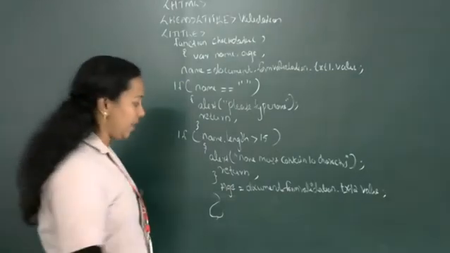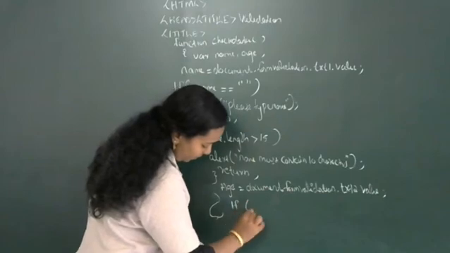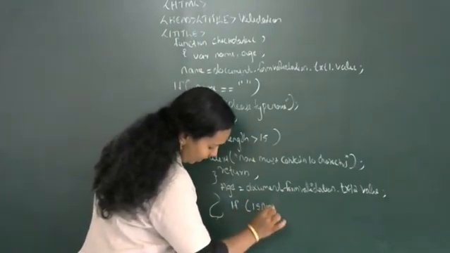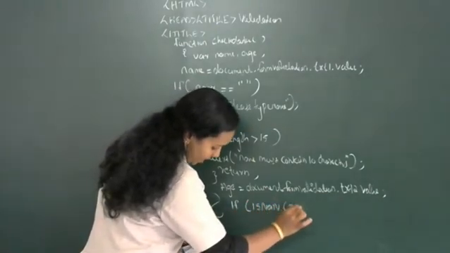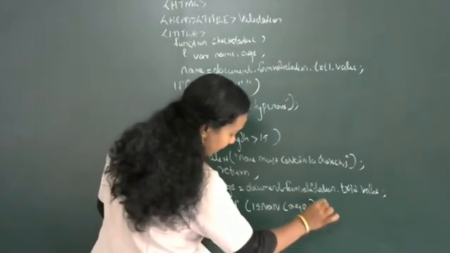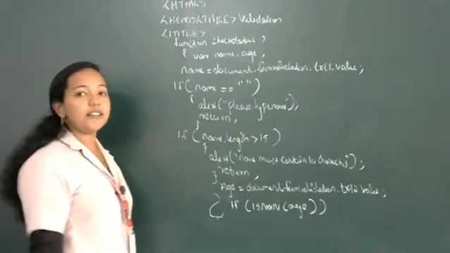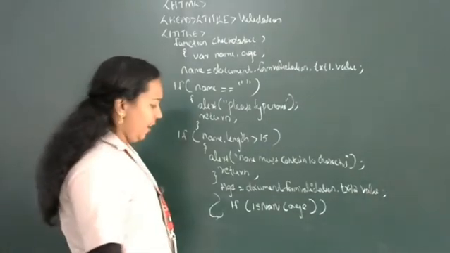Otherwise we can write a message like this: if isNaN of age. What does this isNaN indicate?